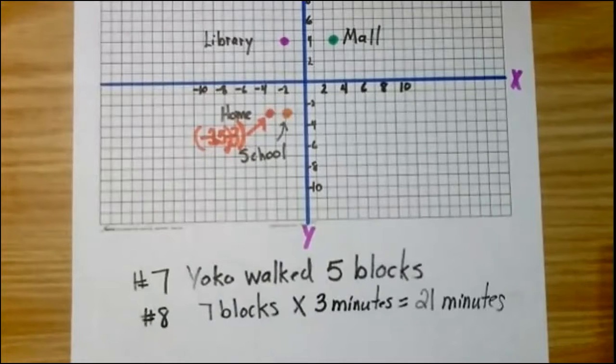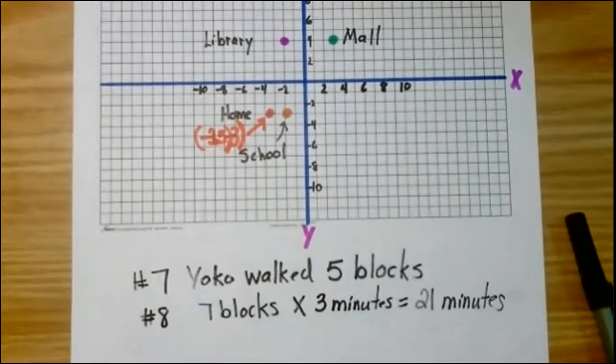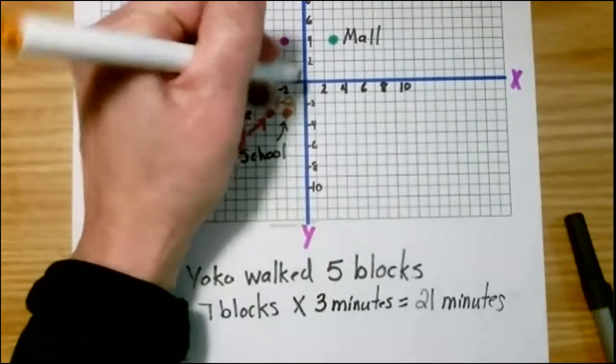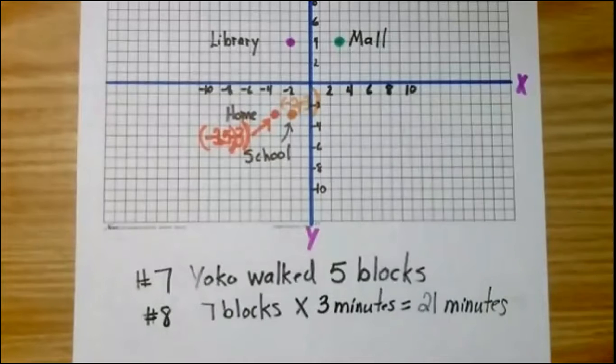So another way of saying that is to take the coordinates of these 2 points, and so we can put the coordinate of that point. That point is -2, -3, and we can take the absolute values of the 2 points.